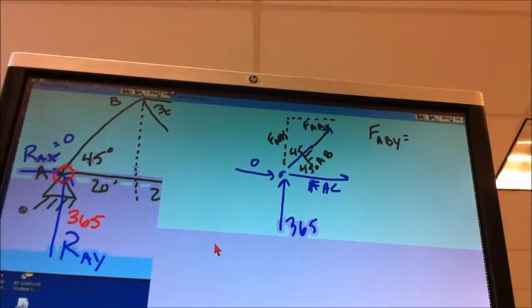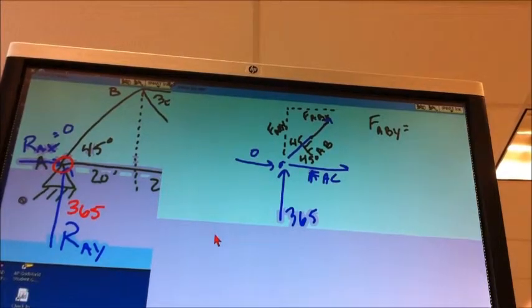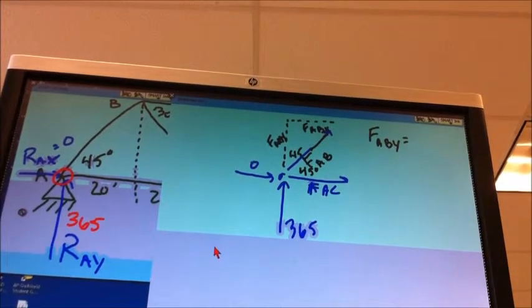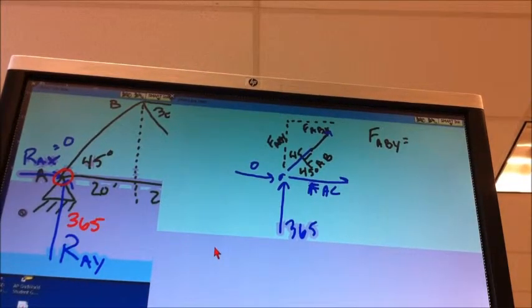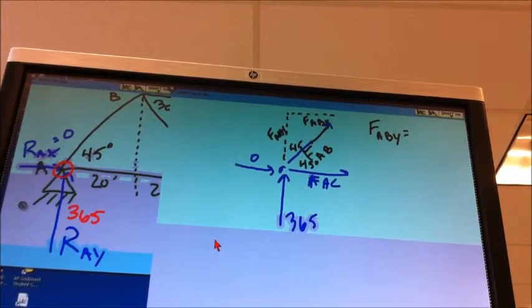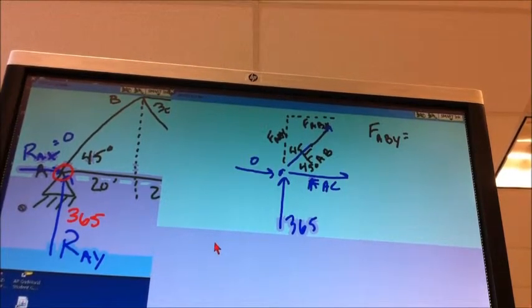Technically, yeah. But in terms of this, we've got FABY and FAB. So we want sine or cosine.